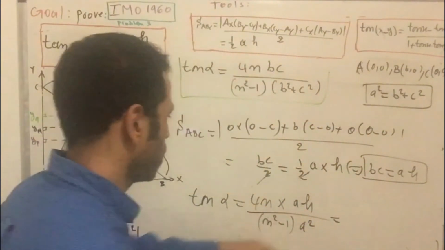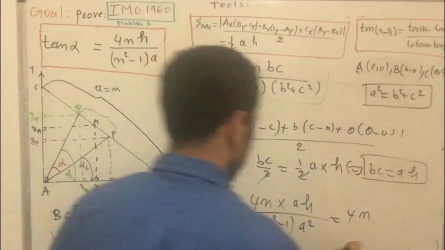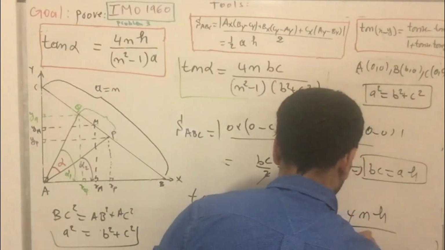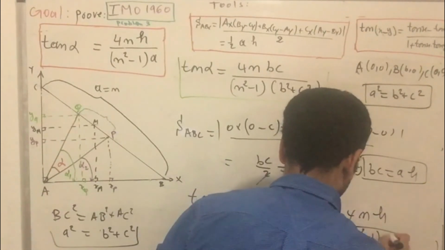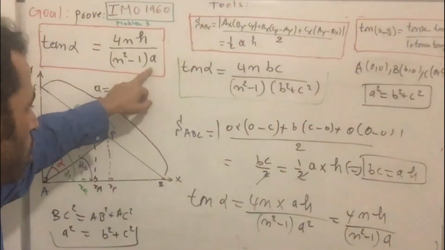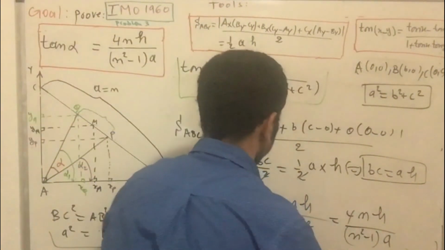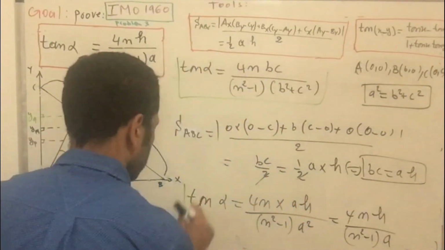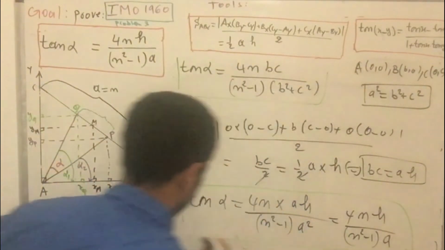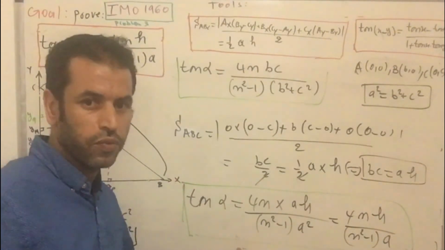I'm going to simplify the a from this fraction, so we get 4 multiplied by n h over (n square minus 1) multiplied by a. Is this the formula we have to show? Now it's shown. Now I proved this formula.